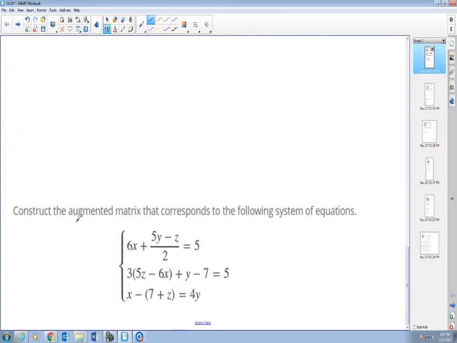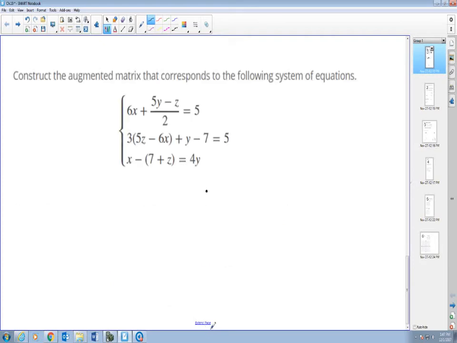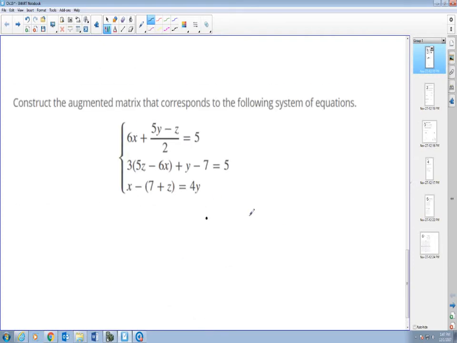Alright, construct an augmented matrix corresponding to the following system of equations. So this system of equations consists of 3 different variables. It's kind of messy right now, so let's clean this up. For an augmented matrix, we want all the variables on the left side of the equal sign, and all the variables lined up together.